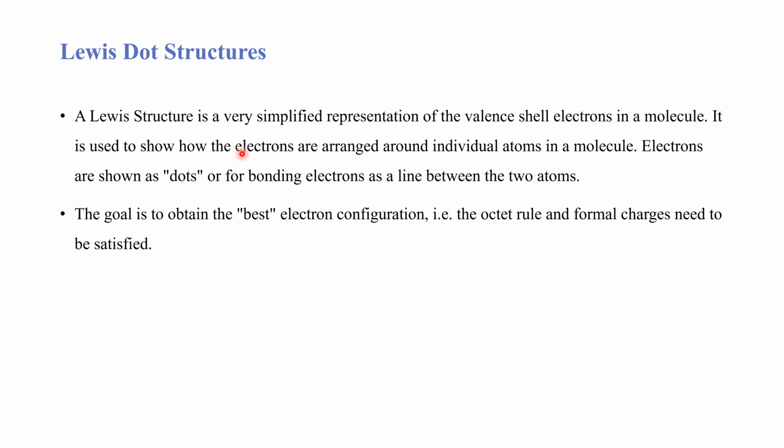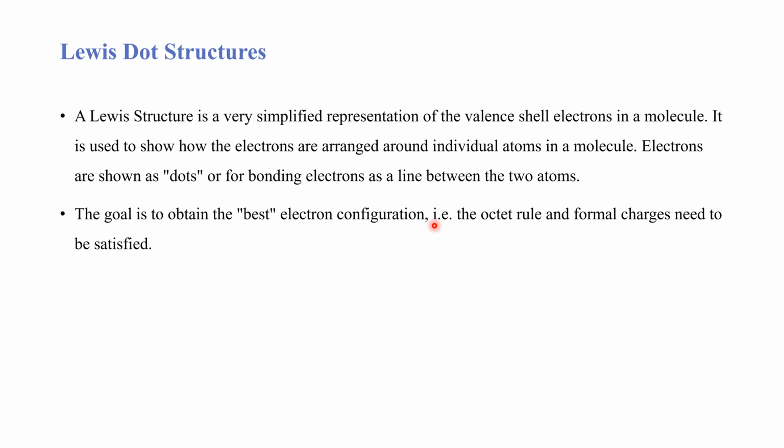The goal is to obtain the best electronic configuration, and that is basically the octet rule. We know the motivation, the urge for an atom to make a bond, either an ionic bond or a covalent bond. But as we are talking about organic chemistry, we are more concerned about covalent bonds.